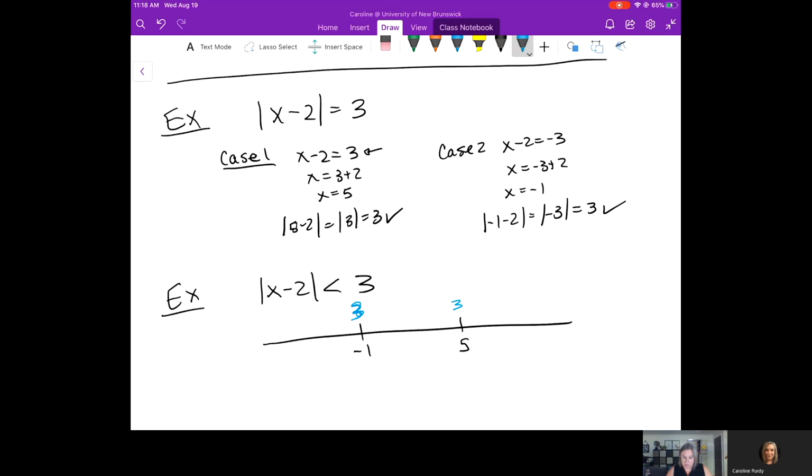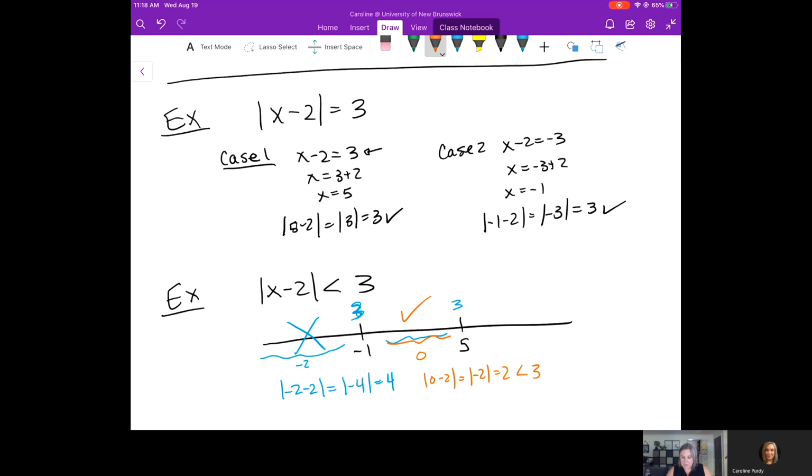So we can try. There are 3 possible intervals here. If we plug in a number on this side, like negative 2, I get negative 4, which is 4. Well, that's bigger than 3, and we wanted less than 3, so that doesn't work. If I try a number in between, in this interval, let's say 0, 0 minus 2 is negative 2, which is 2, and 2 is less than 3.